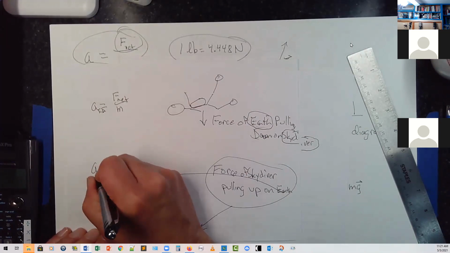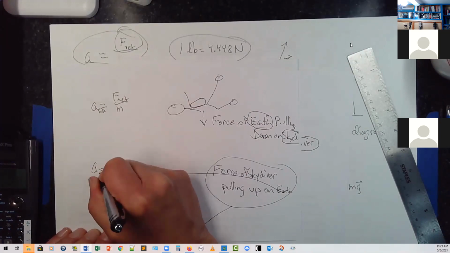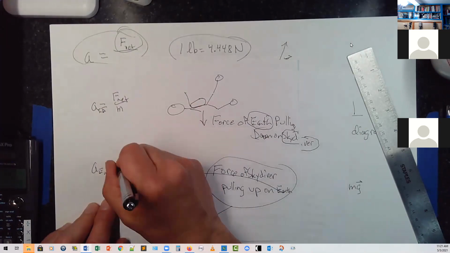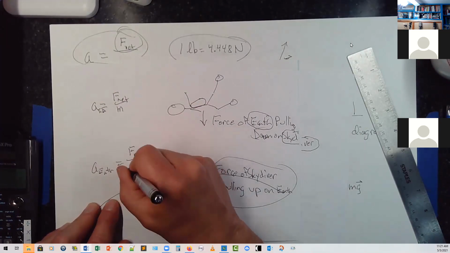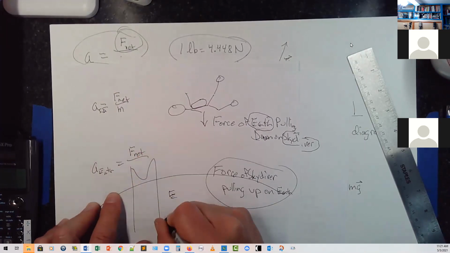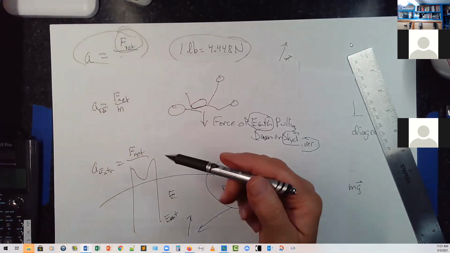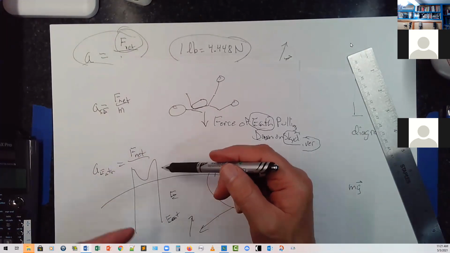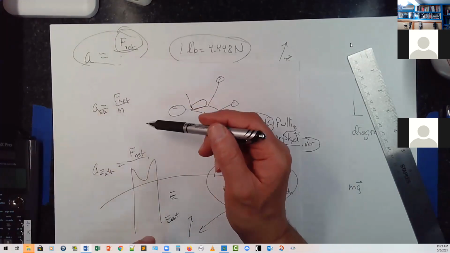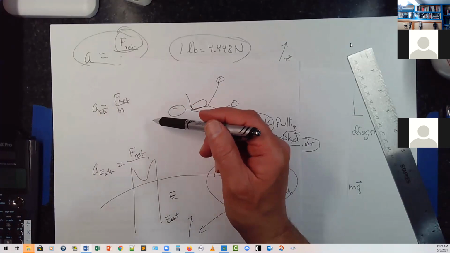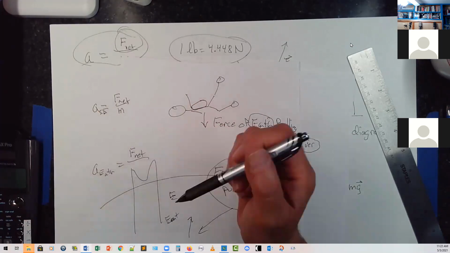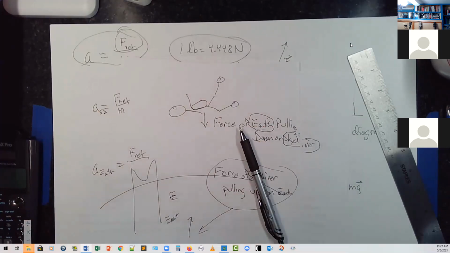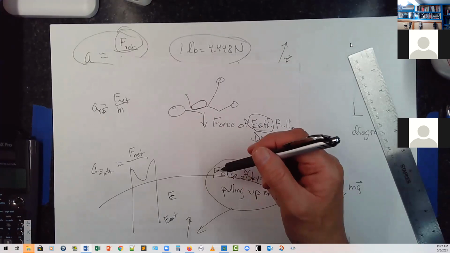The acceleration of the Earth is going to be the same amount of net force, but what goes here is the mass of the Earth, which is roughly 10 to the 22nd times as big as the mass of the skydiver, which means the skydiver's acceleration is going to be 10 to the 22nd times bigger than the acceleration of the Earth, which means the Earth doesn't go anywhere. Okay.